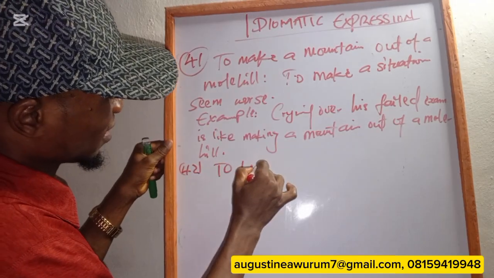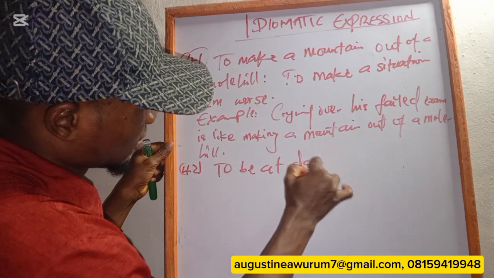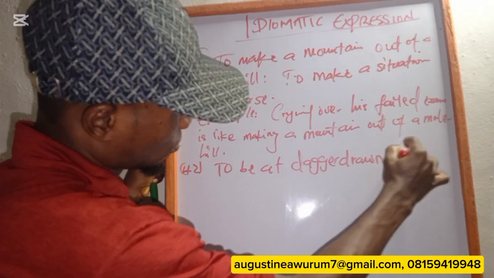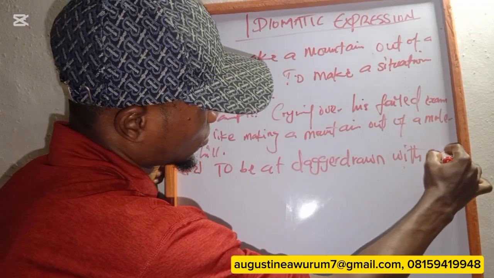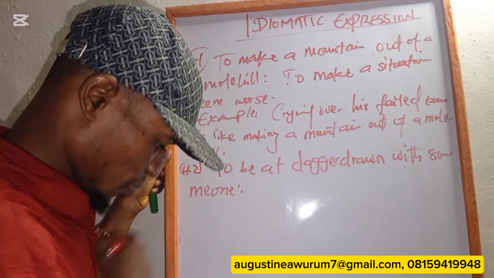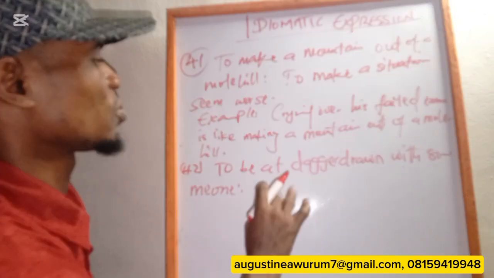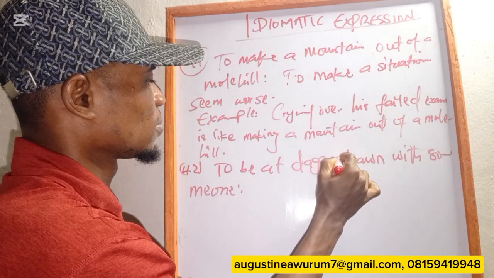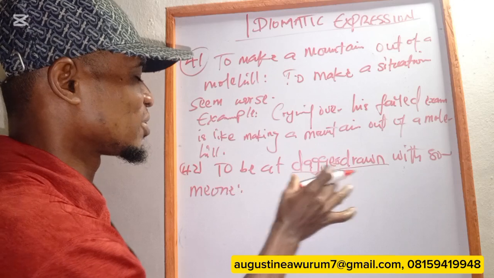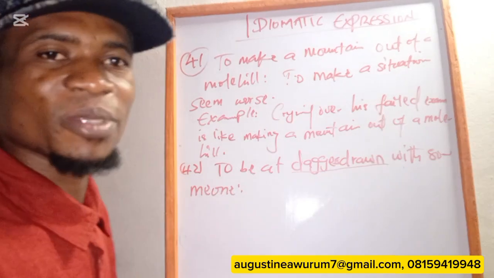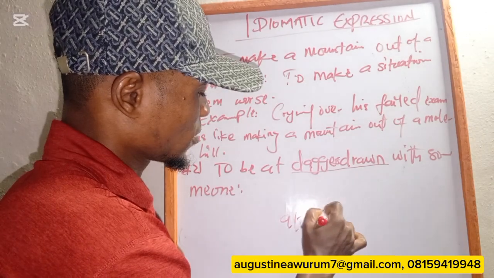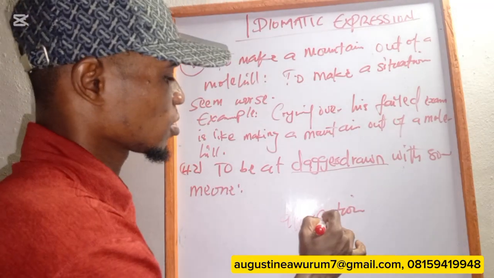To be at daggers drawn with someone. There is an S here. To be at daggers drawn with someone simply means when you are having an altercation. Now the question is, what is an altercation?